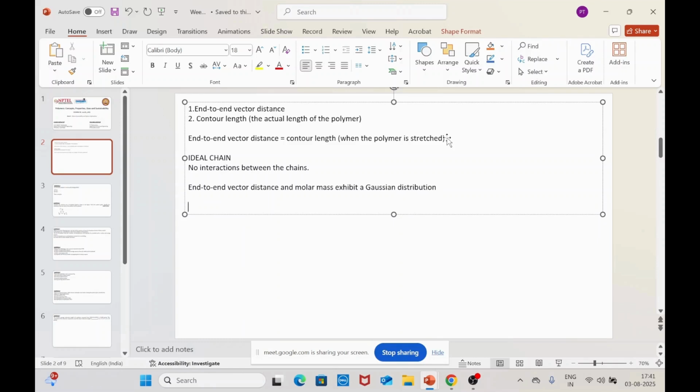Then we move on to the concept of radius of gyration, RG. So distance between the... yes, radius of gyration.